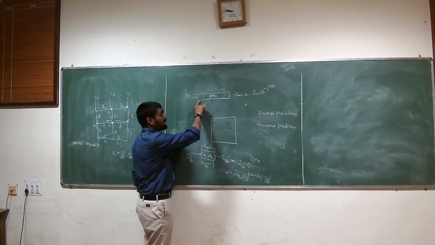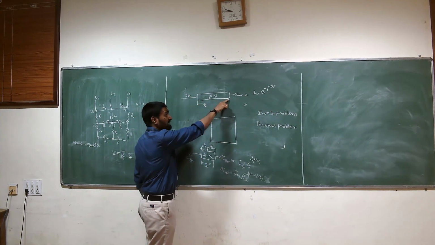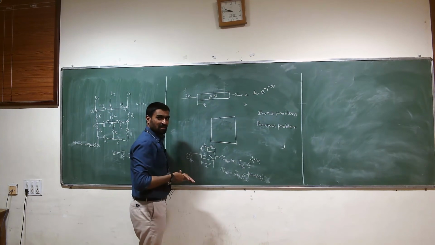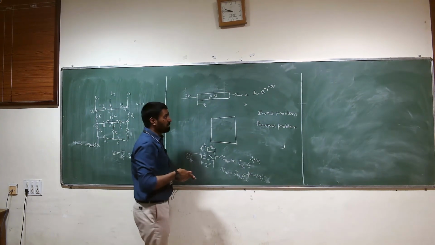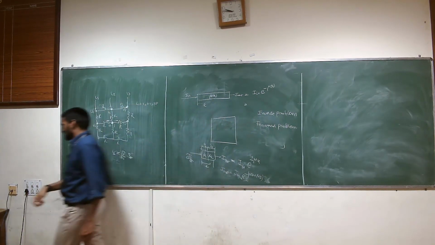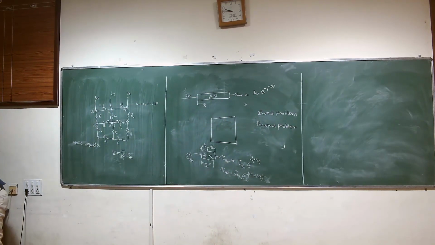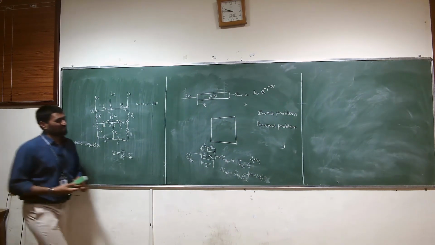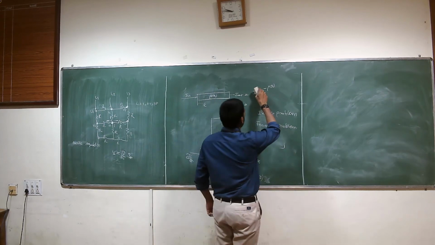But what if you have a situation where mu of x continuously varies? What you will get out won't have a simple expression like this, but you would have to do that line integral.